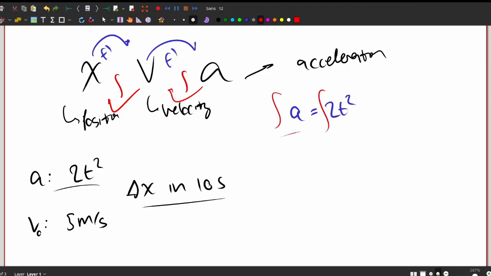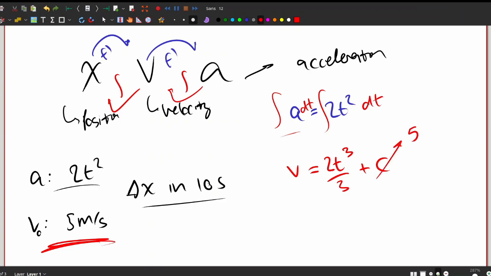So the integration of acceleration with respect to time is velocity. So my velocity is equal to t cubed times 2 over 3 plus c. Now this c, because we know our initial velocity is 5 meters per second, is just equal to 5. So now we have the function v is equal to 2t cubed over 3 plus 5, and then to get to position, once again, I'm going to integrate.